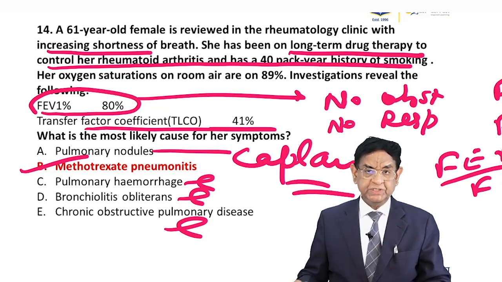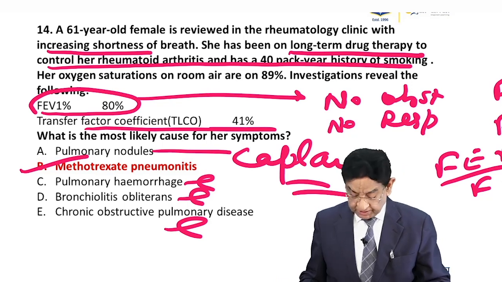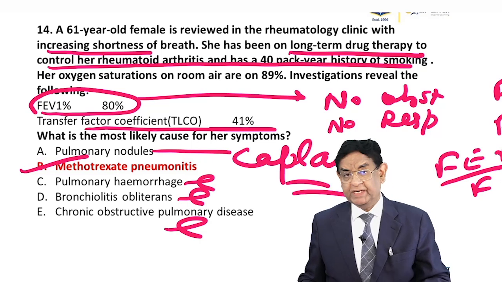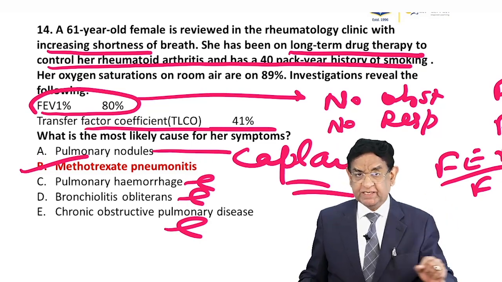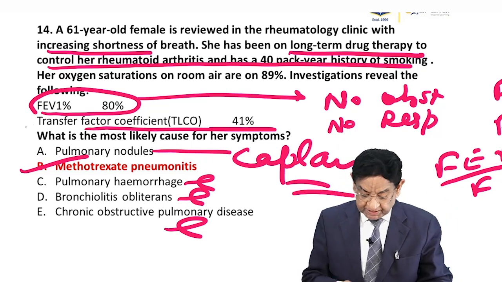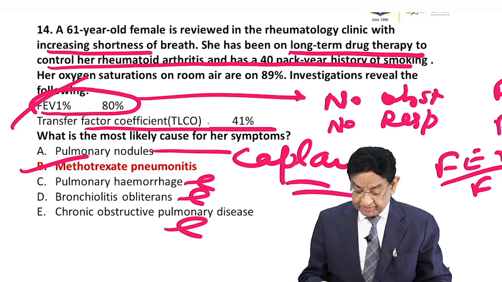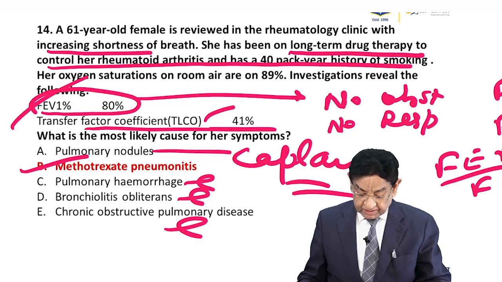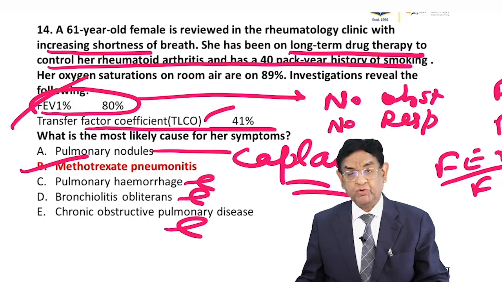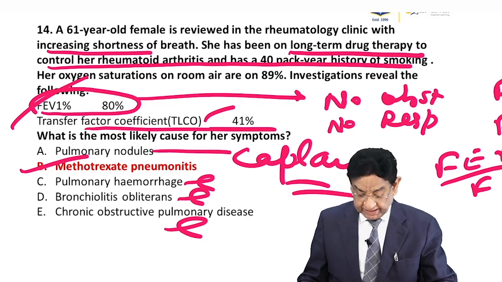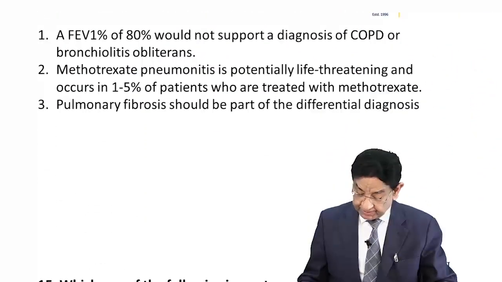There is no history suggestive of pneumoconiosis. So we have ruled out the others, and the only thing left is methotrexate. Methotrexate pneumonitis is a well-known complication which will lead to a picture of normal FEV1 with reduced transfer factor coefficient. This fits into methotrexate pneumonitis. Okay.